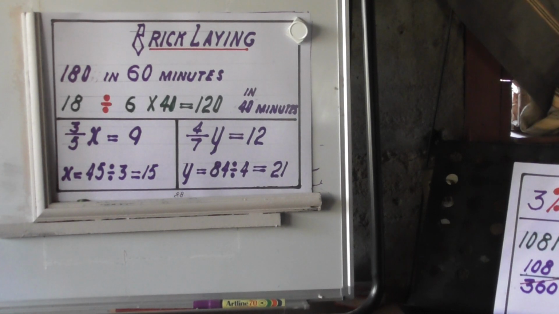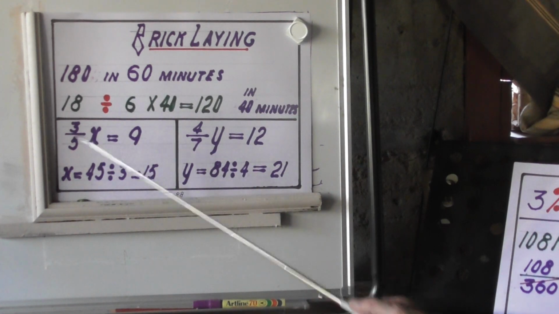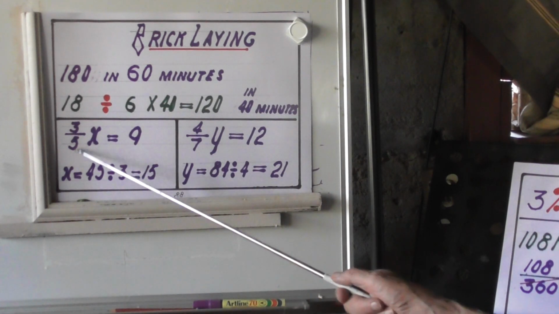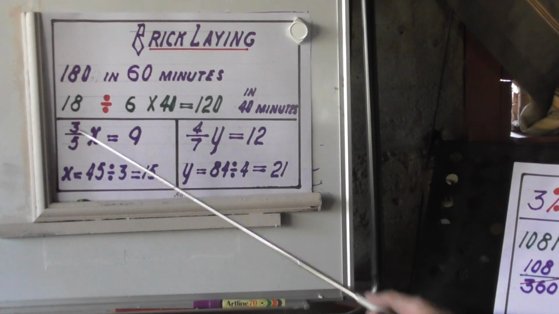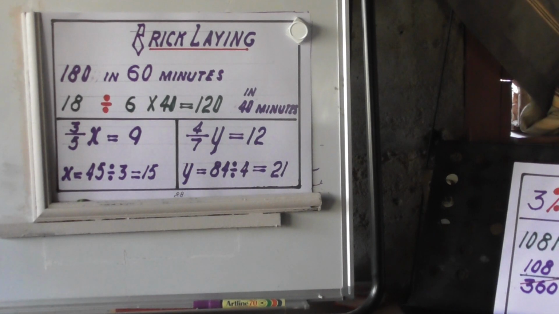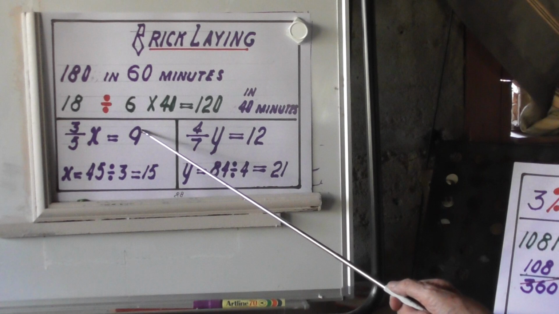We already did algebra, not a stupid box, because that doesn't work here. 3/5 of a box is 9. We want to know in the end what x is. We do division, becomes multiplication first.